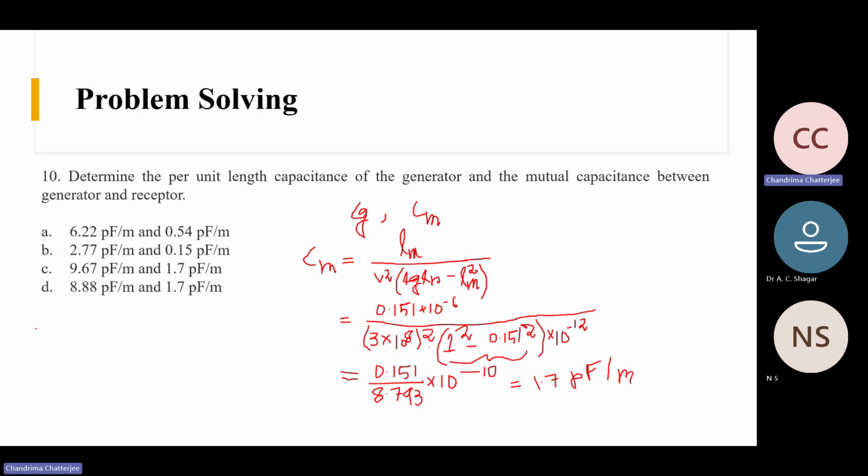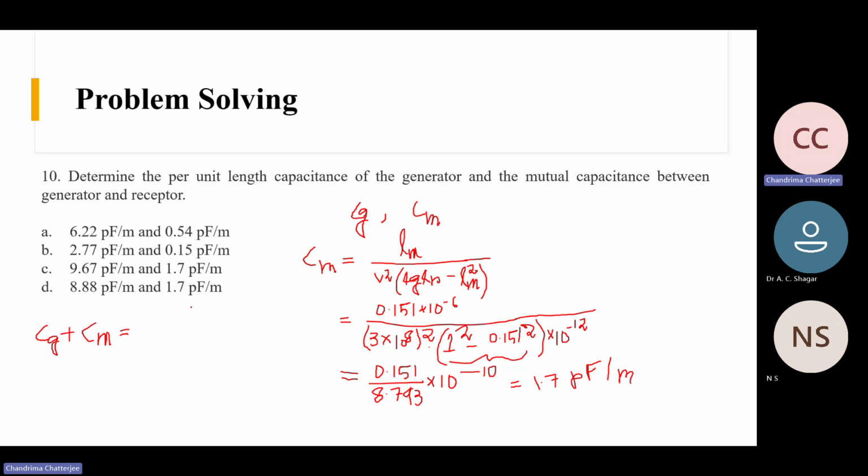Once we know what is Cm, we can find out what is Cg. So Cg plus Cm. These values are coming from the L matrix and C matrix. We discussed all this in the last tutorial session. If you see the L matrix and C matrix, there were values like Cg, Cr, Cm.